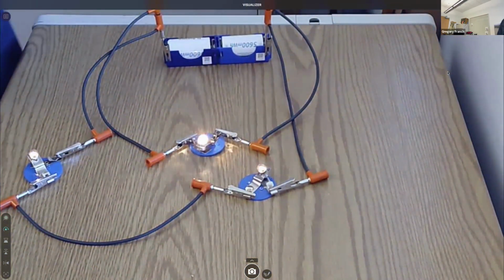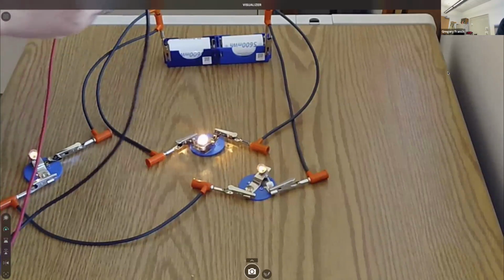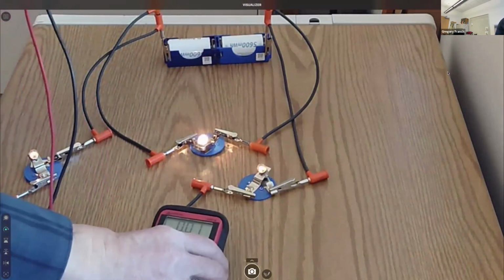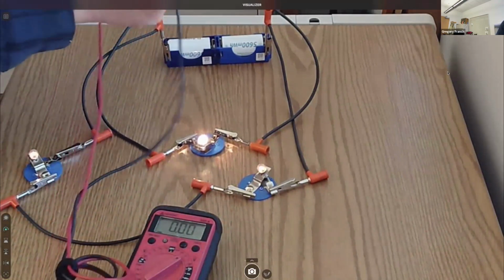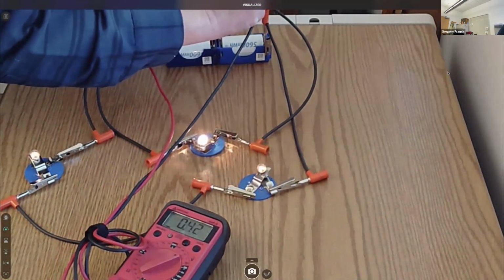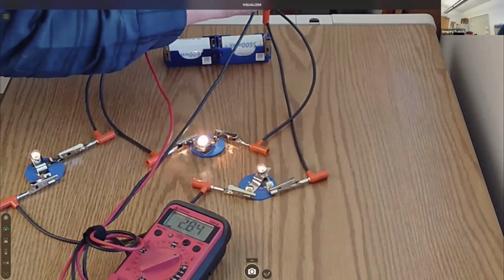And if we look at the voltage across the battery, we get 2.84.